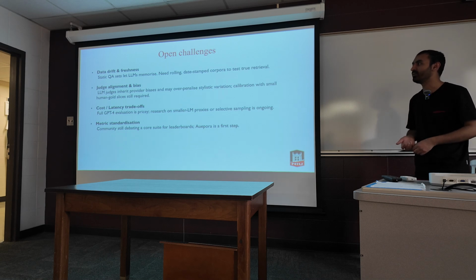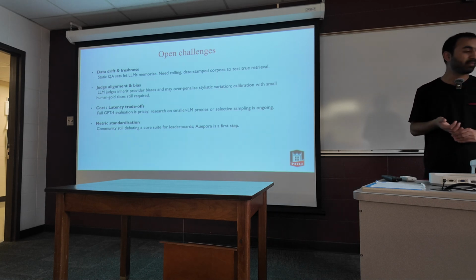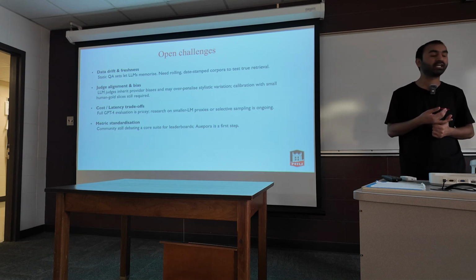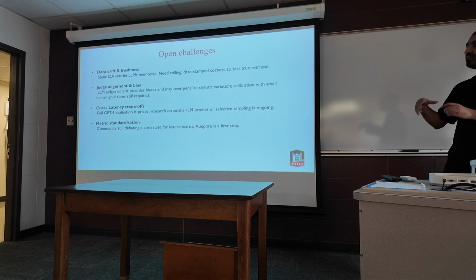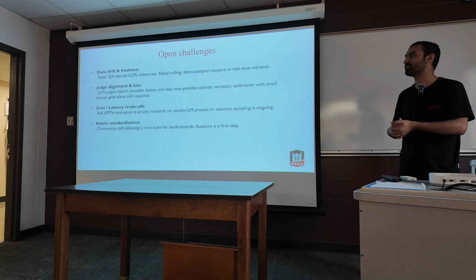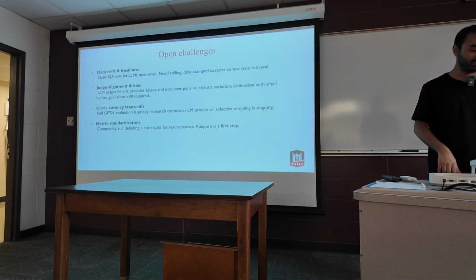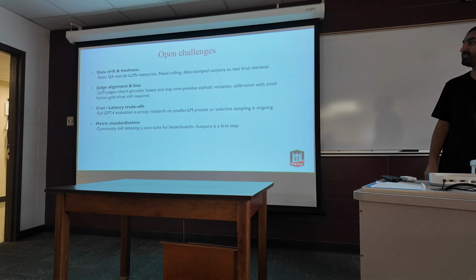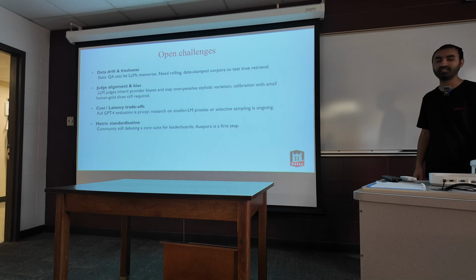So this can be one problem. Another is cost and latency trade-offs: in RAGAS they use the LLM many times, which raises questions about cost, because using an LLM is always costly. Another problem is that if we don't have a reference, then measuring the RAG system is a little bit tricky.